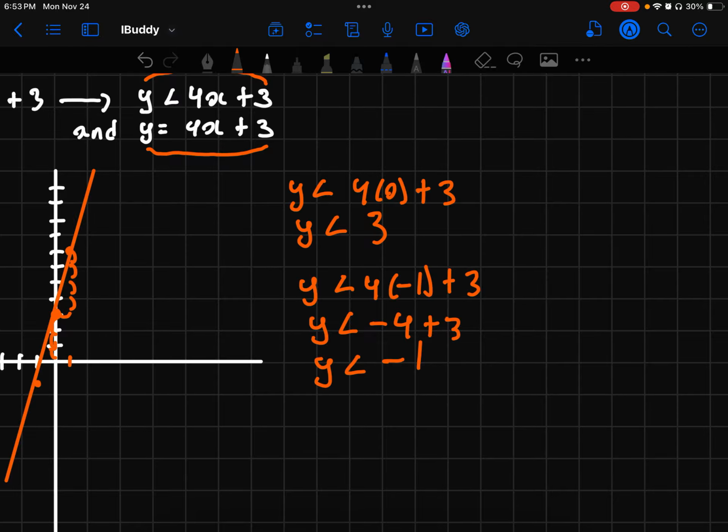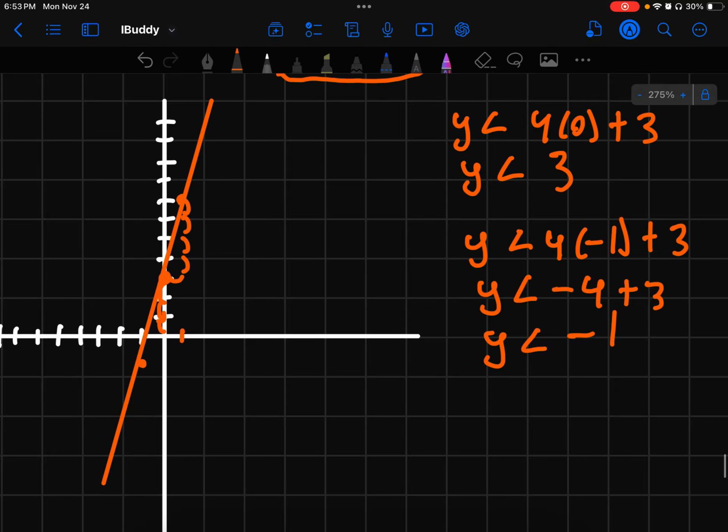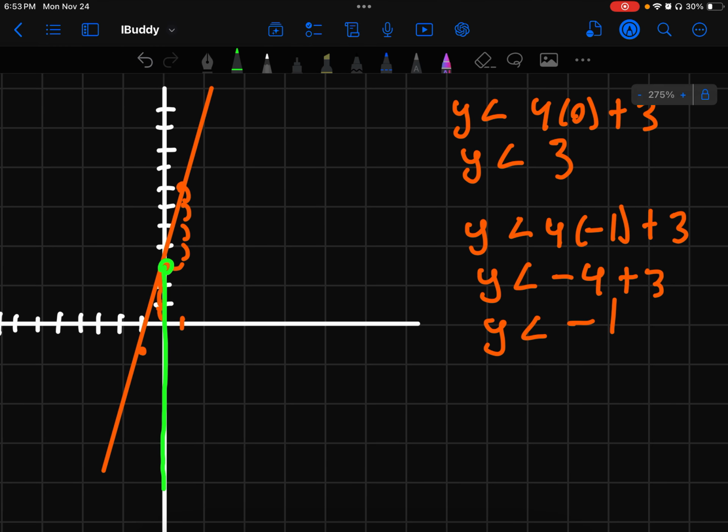Based on this, that's enough to find our information. We see here y is less than 3. So we just go to 3 here and draw a line downwards, showing that none of this, it's all of this. Now let's look at y is less than -1. -1 is right here, so we'll just draw the line going down.